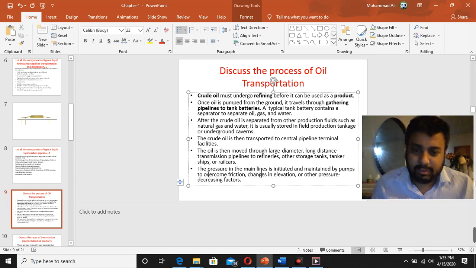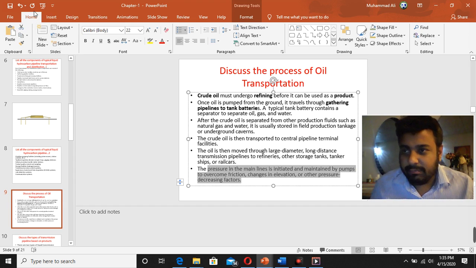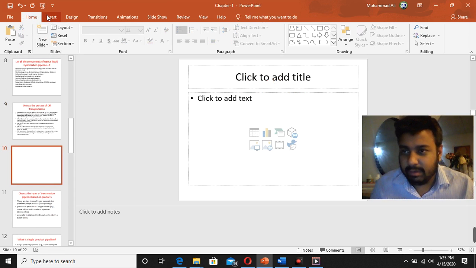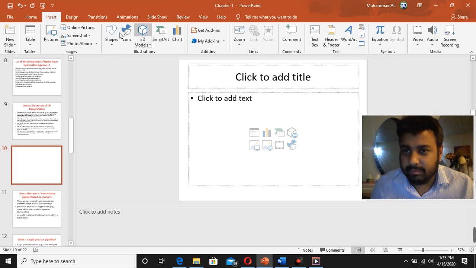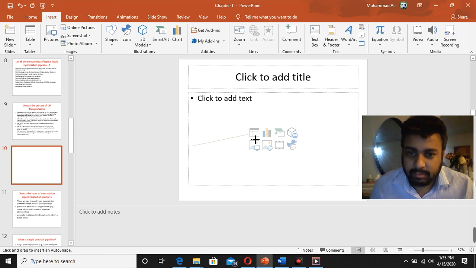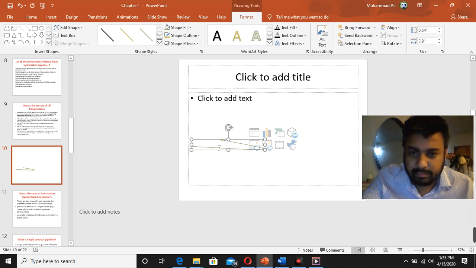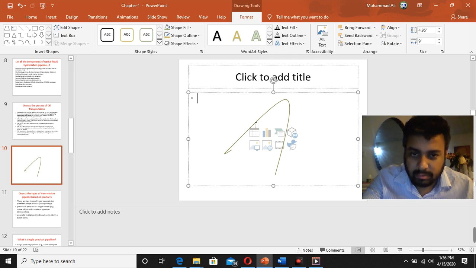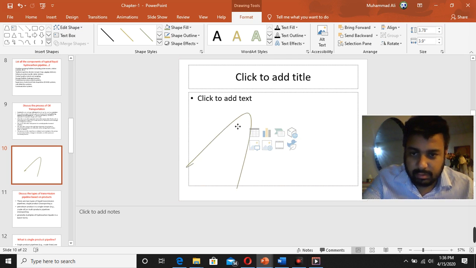And definitely the pressure has to be maintained throughout. Let me show how the process actually goes. For example, this is our reservoir that we have here.